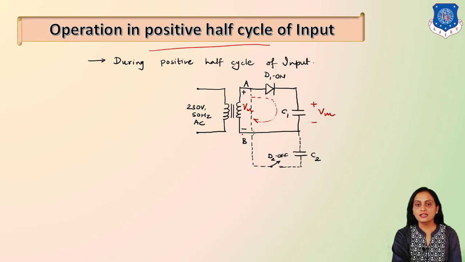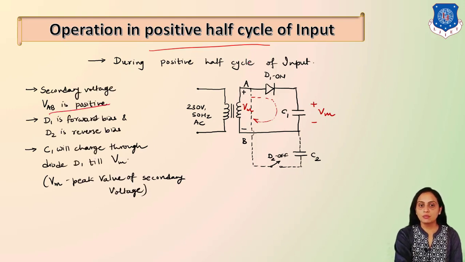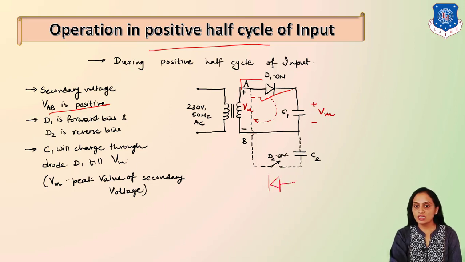During the positive half cycle, what happens? This secondary voltage, that is from A to B, VAB is plus, and due to this you will find this plus connected to anode, that's why diode D1 is on, and for D2 you will find plus connected to cathode, that is why D2 is off and it is shown.